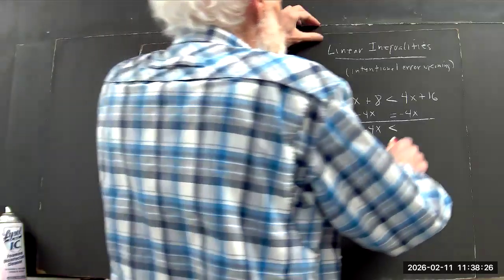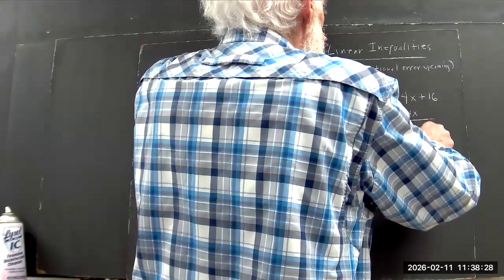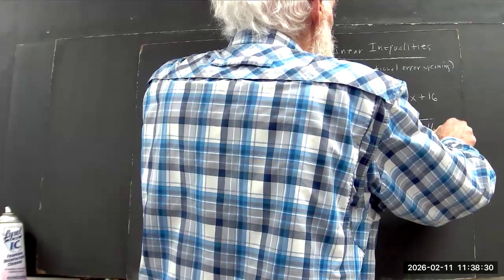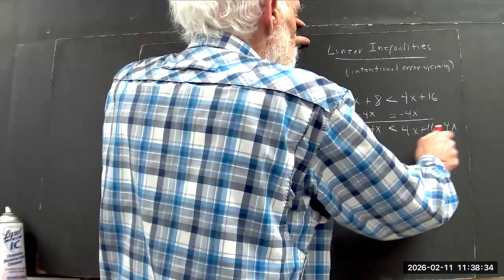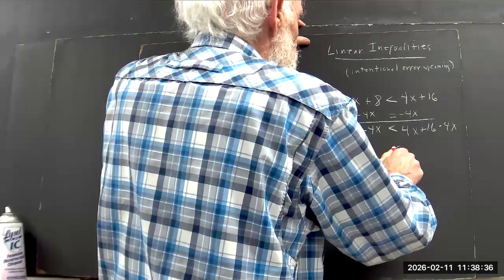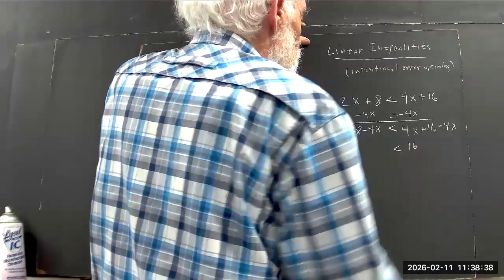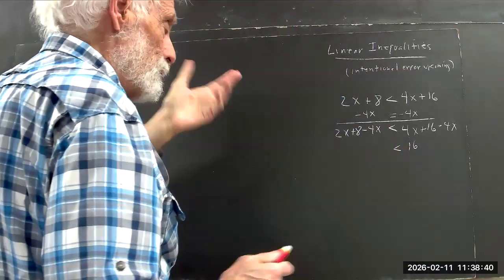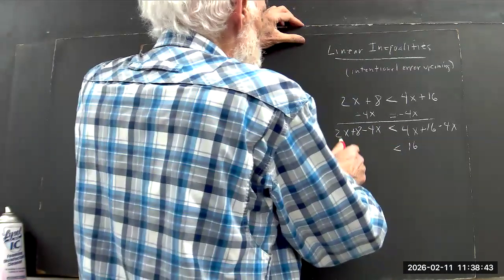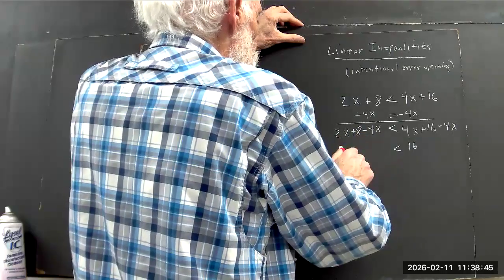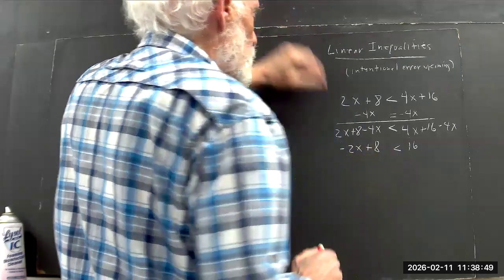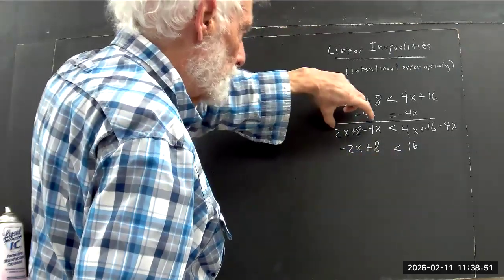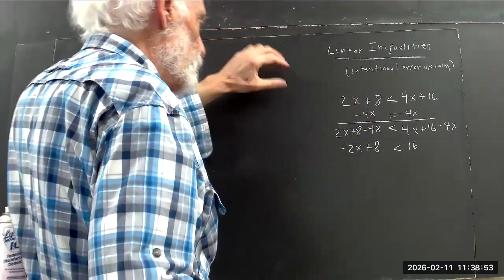So we're going to then have 4x plus 16 minus 4x. Then we simplify. 4x minus 4x is 0. So on the right-hand side, we just have 16. On the left-hand side, 2x minus 4x is negative 2x. And we'll still have the plus 8. But we combined the 2x and negative 4x.